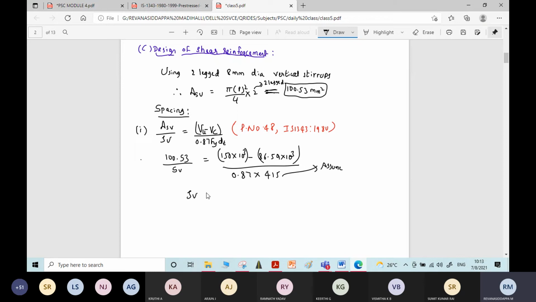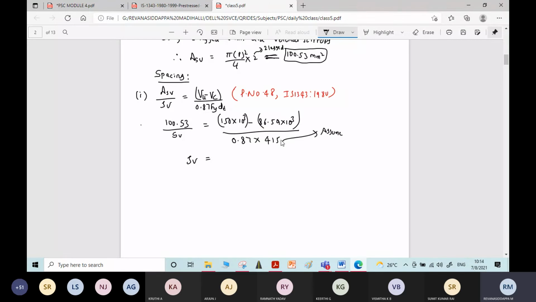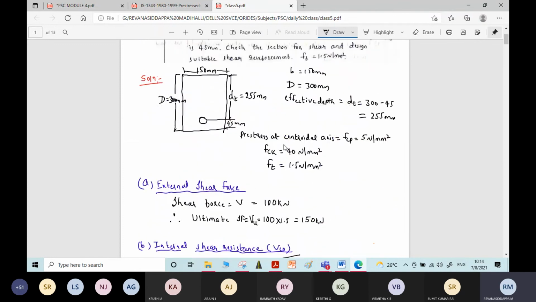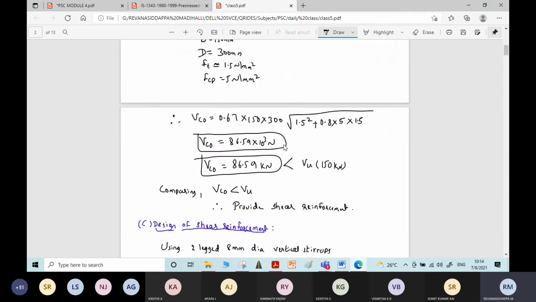What is the spacing we will get? 145.9. Fy into d, I forgot. Sorry, d means effective depth. It was 255 into 255.